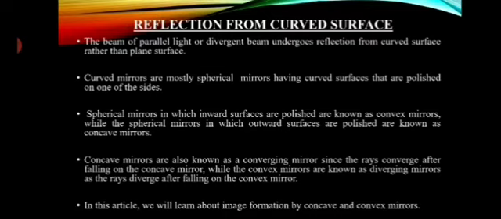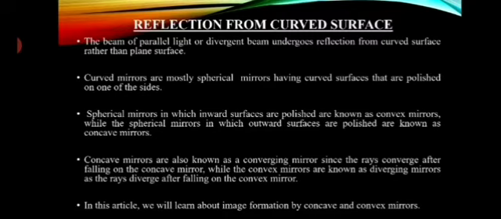For example, if you take a stainless spoon and try to obtain your image through it, the inner part of the spoon acts as a convex mirror, whereas the outer part of the spoon acts as a concave mirror.